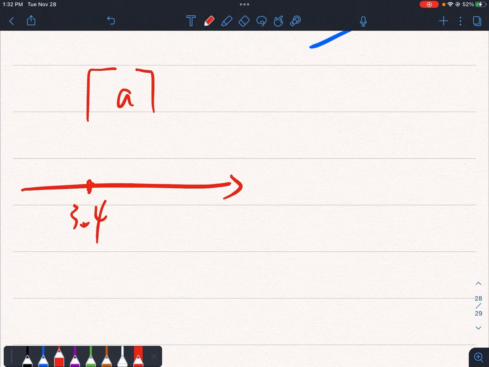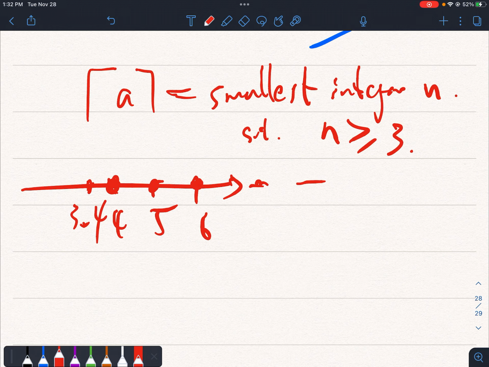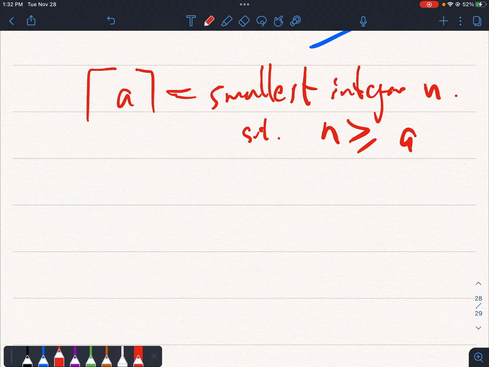So for any real number, let's say 3.4, if you consider all the integers that are bigger than or equal to 3.4, then they are 4, 5, 6, right? These are exactly the integers that are bigger than or equal to 3.4, and 4 is the smallest one. So by definition, the ceiling of a is the smallest integer n such that n is bigger than or equal to a, in general.